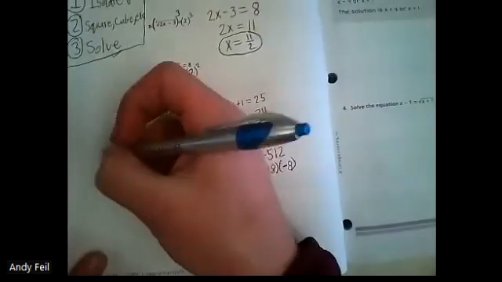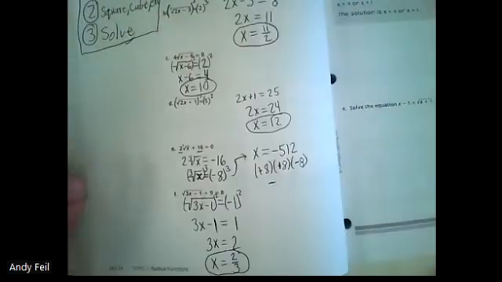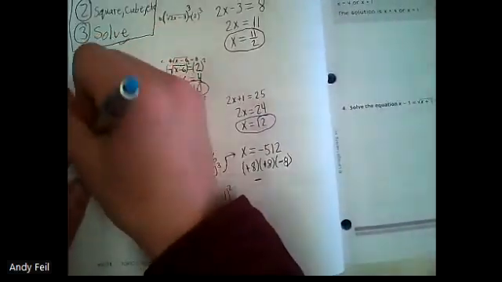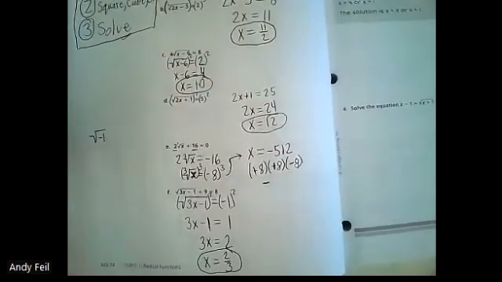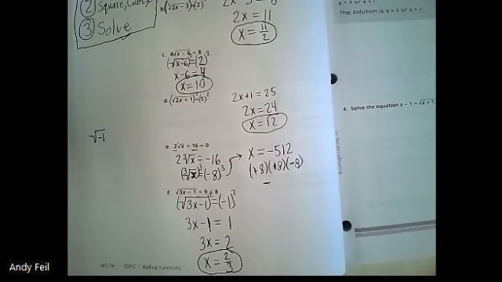What if I had solved this problem and gotten the square root of a negative 1? What's the square root of 1? 1. What's the square root of a negative? i. It's imaginary.